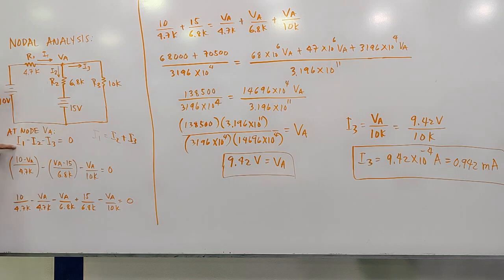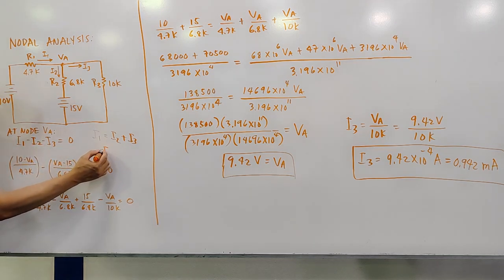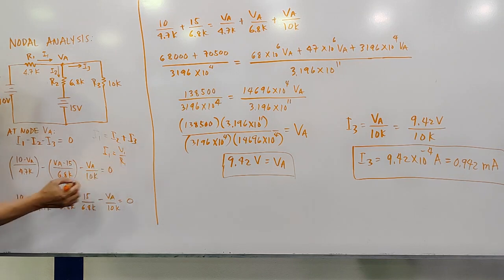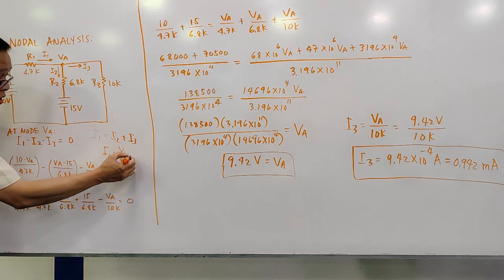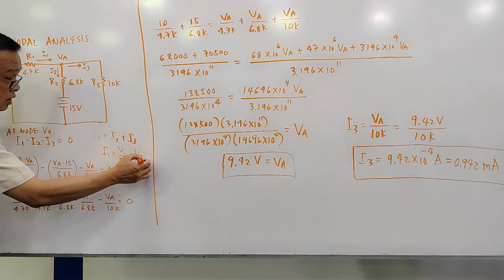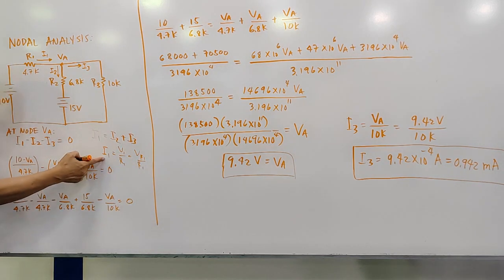By the general Ohm's law rule, I1 is just equal to VR1 over R1.